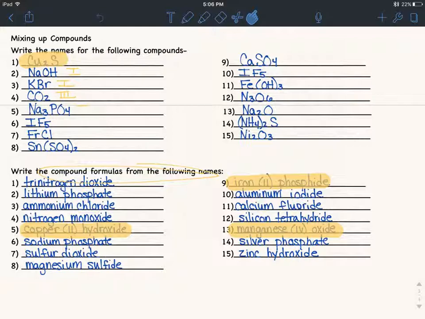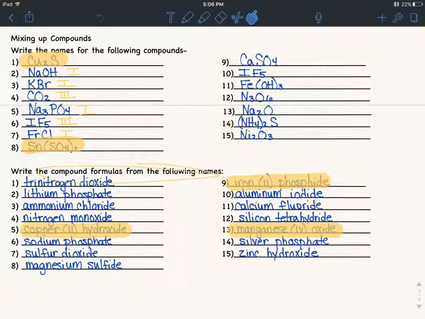Na3PO4 is a type 1. IF5 is a type 3. FrCl is a type 1. SnSO4. Sn is tin and it forms multiple charges. So here's our second type 2 compound.